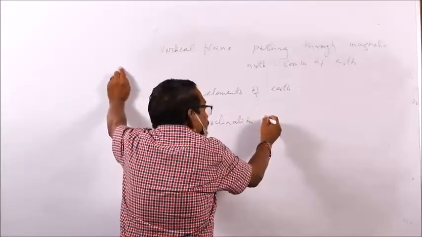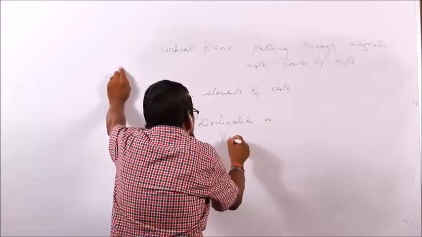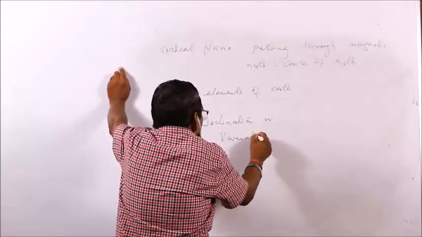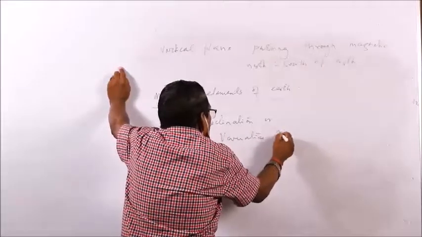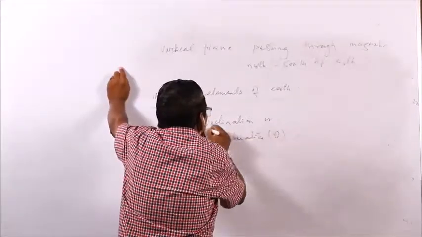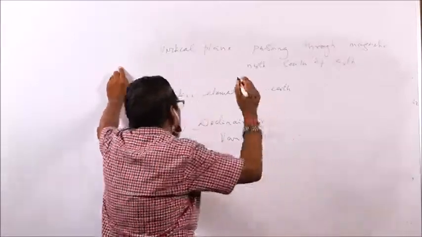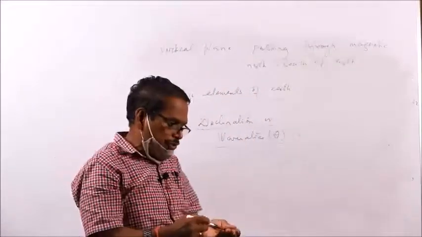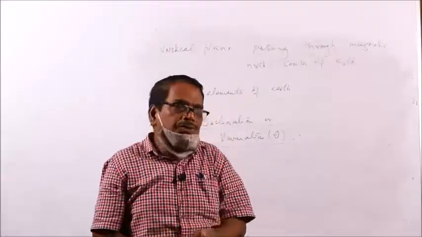or variation. Declination or variation. The symbol is theta. Remember the definitions. What does it mean by declination?